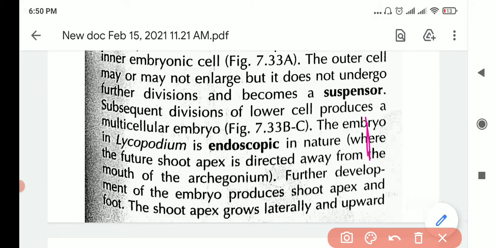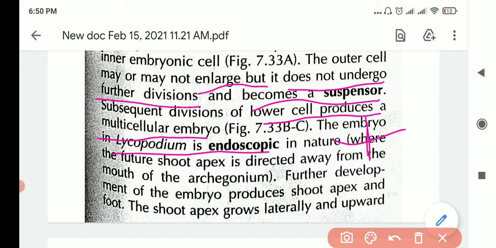The outer cell may or may not enlarge, but it does not undergo further division, and it will become a suspensor. So the outer cell will stop dividing, but the lower cell will keep on dividing to form the multicellular embryo. The embryo in Lycopodium is endoscopic in nature.